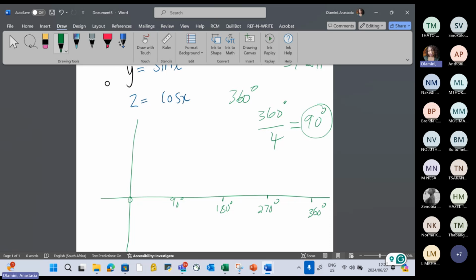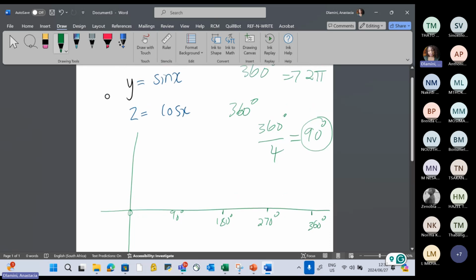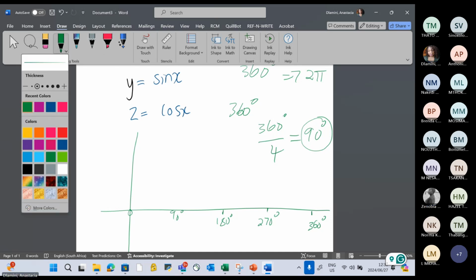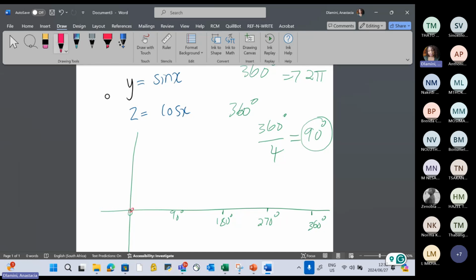Okay. Now, sine at 0 is always 0. So sine starts at 0, goes to 1 at 90, and then goes to 0 at 180, goes to -1 at 270, and goes to 0 at 360.